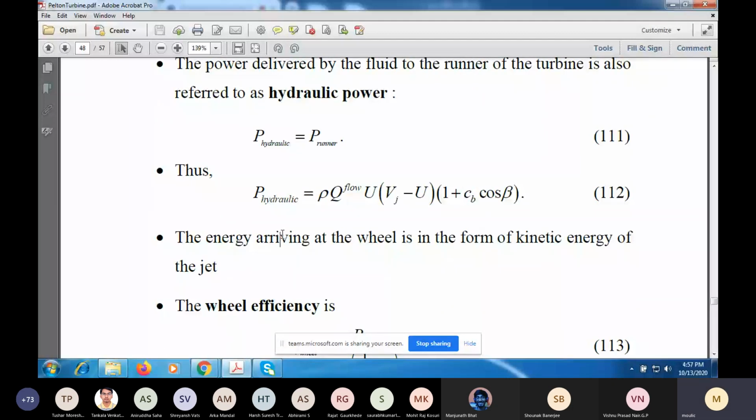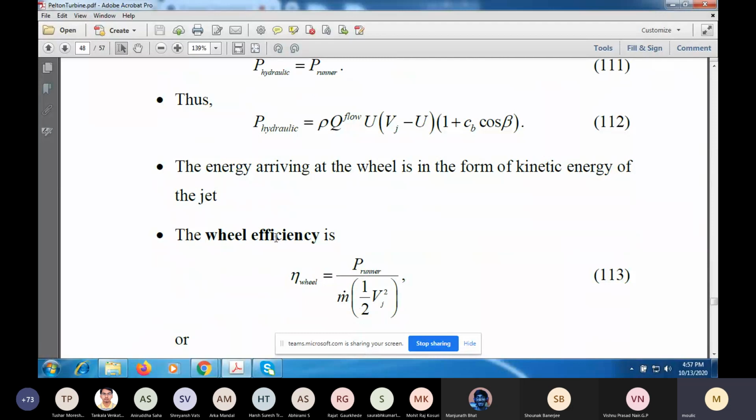Now, the energy which is arriving at the wheel is in the form of the kinetic energy of the jet. So you can define a wheel efficiency, which is the power developed by the runner or delivered to the runner, by half m dot Vj square. Now, as we have argued before, this is the maximum possible power that you can get out of the jet.